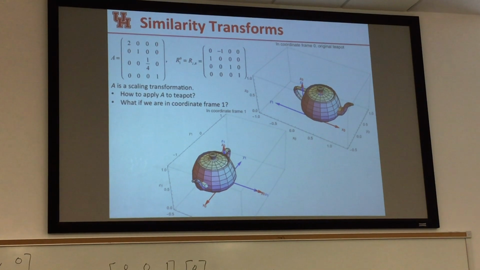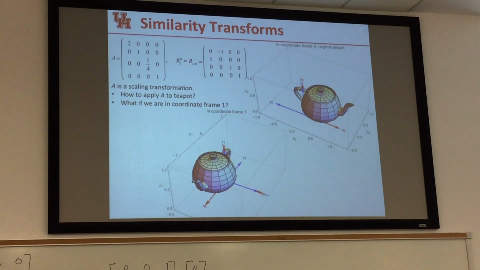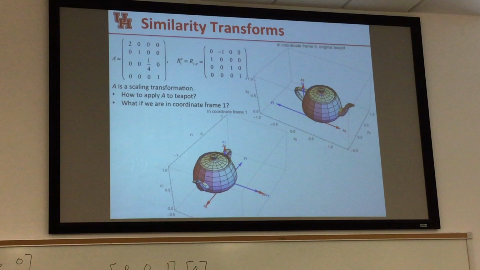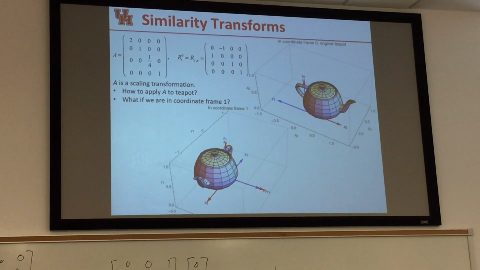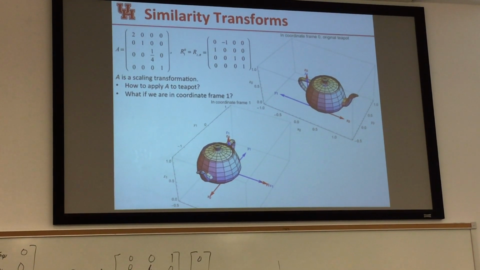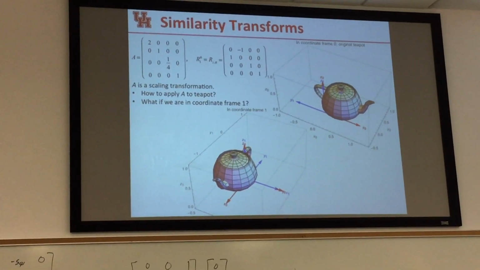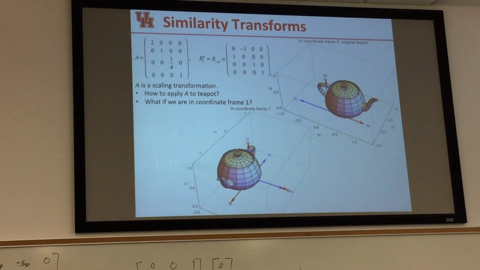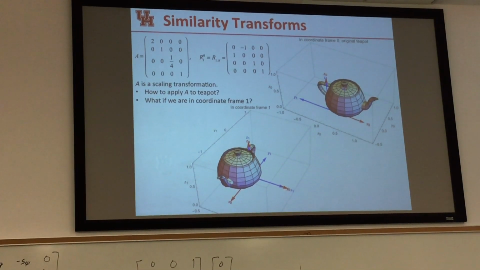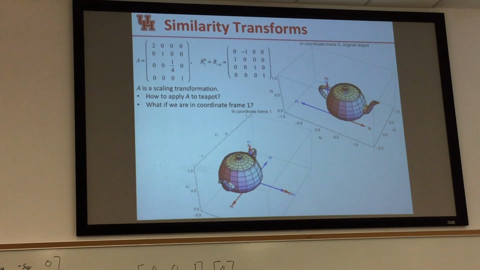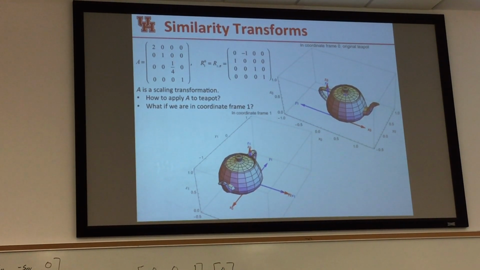Anyway, this is a teapot, and I want to apply a linear transformation onto it. A linear transformation is something that can be represented by a matrix, so I'm going to multiply it by a matrix. The linear transformation I picked is A, a scaling transformation. I represent my object by a point cloud, maybe 1,000,000 points, and then I multiply A by each of these points.